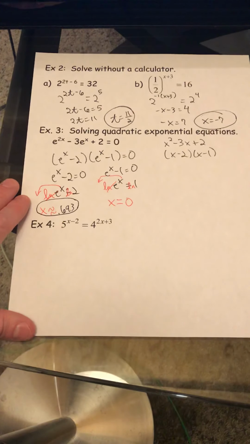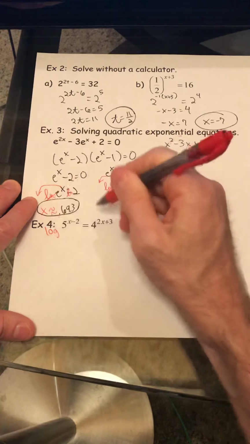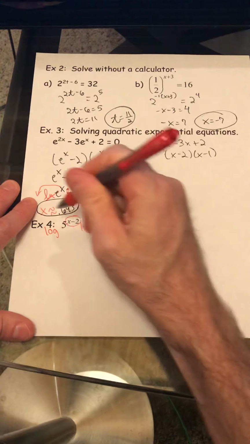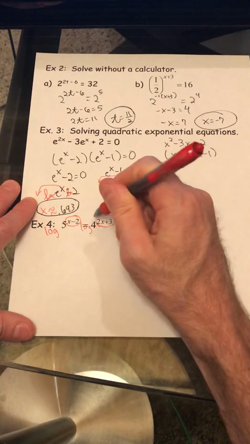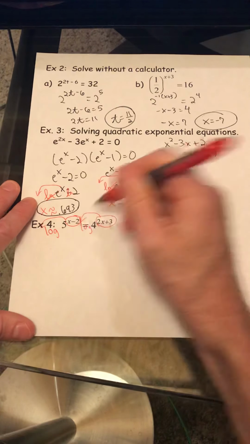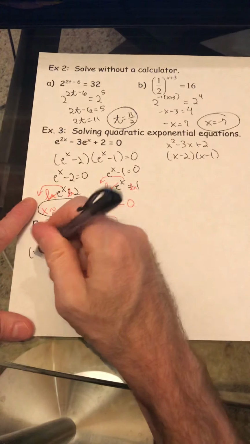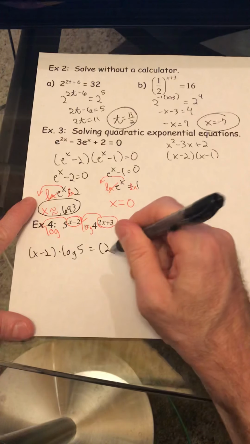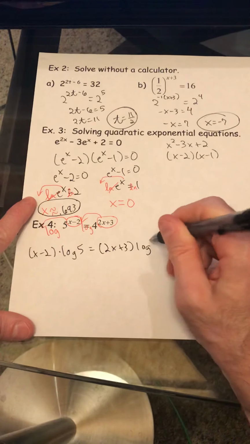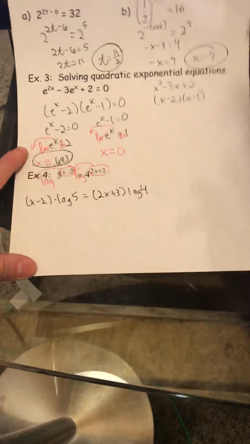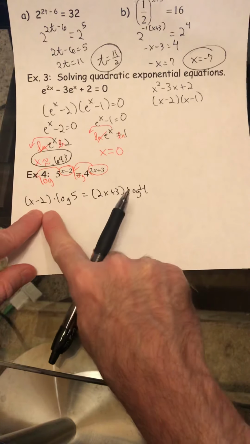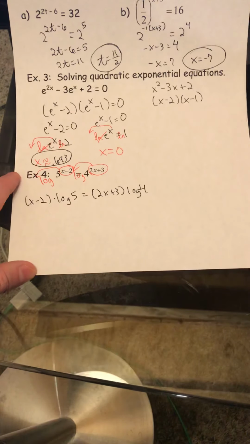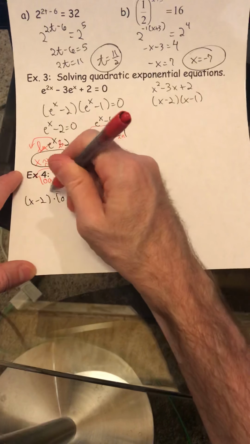So what we're going to do is take the log of each side, and then that still allows us to move our powers out to the front. So we have x minus 2 times log 5 equals 2x plus 3 times log 4. Now, from here, because we have a variable here and here, I know we normally haven't done this, but we are going to distribute.